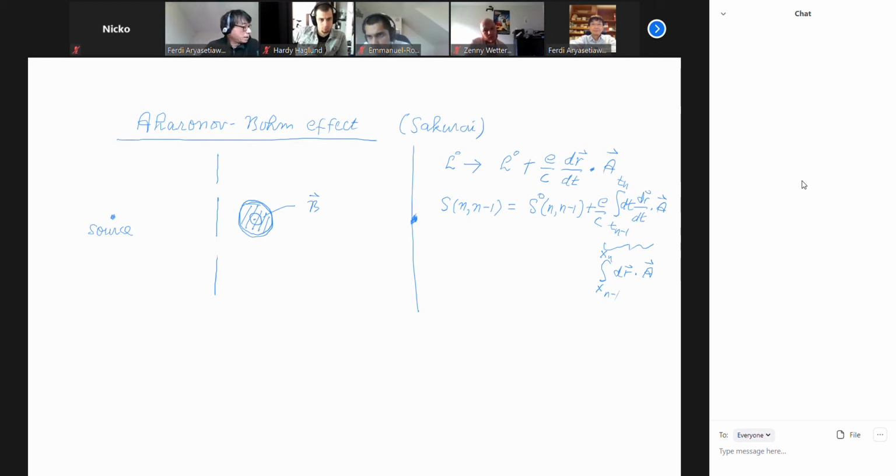So then, if we sum this up over the path, we imagine we have two paths here, one going like this, and another one going like this. So we have paths, let's say C1 and C2. This additional term will introduce a phase factor.